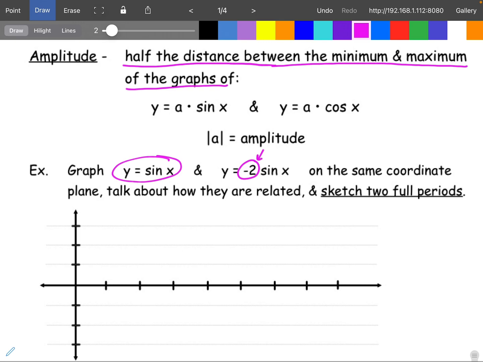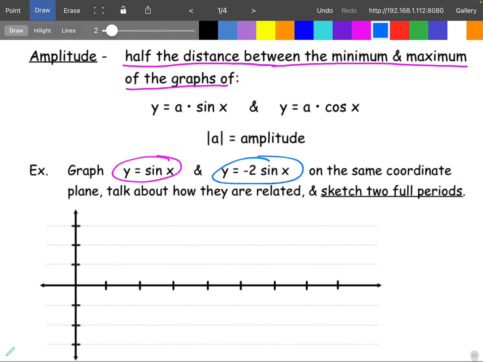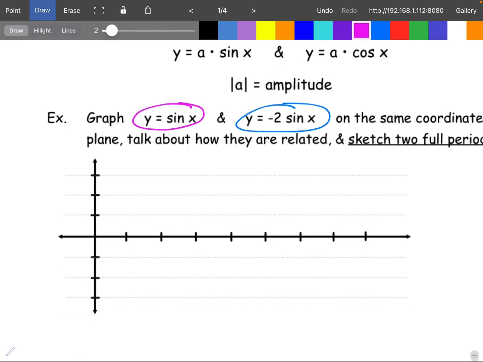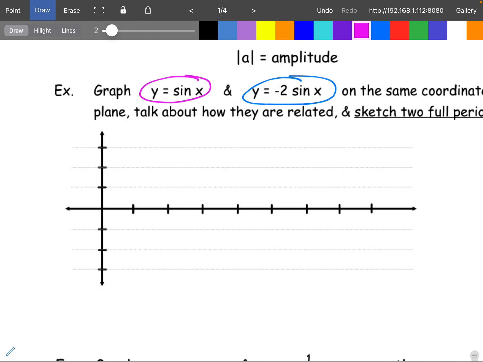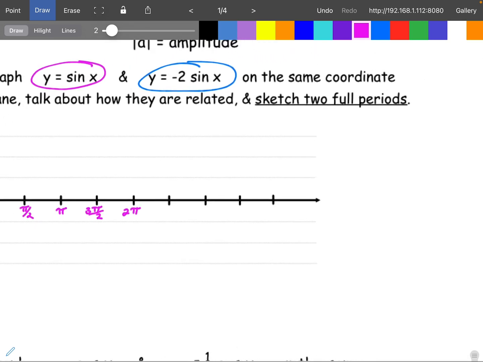Okay, so it wants us to graph both the original parent function and the new transformed function. So I'm going to do my original in pink. So we said that it started for sine at 0, and I should probably label these. So I had 0, pi over 2, pi, 3 pi over 2, 2 pi, and notice that it says to sketch 2 full periods, so I cannot stop at 2 pi.